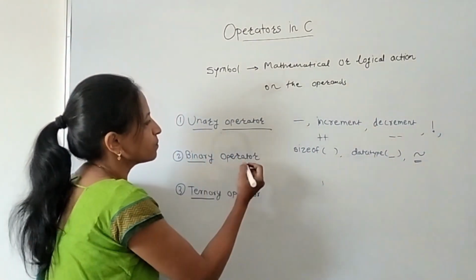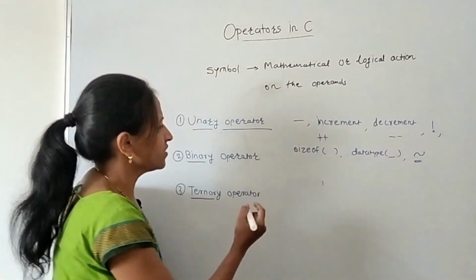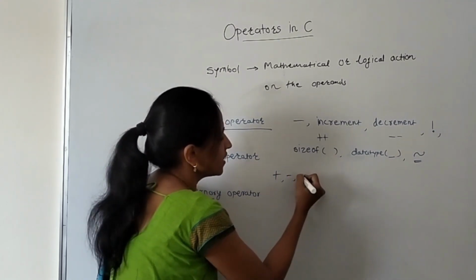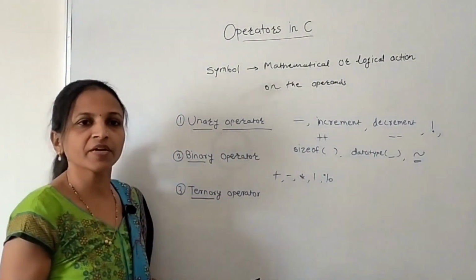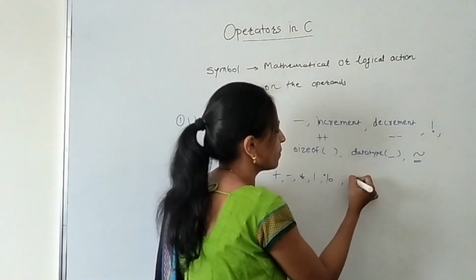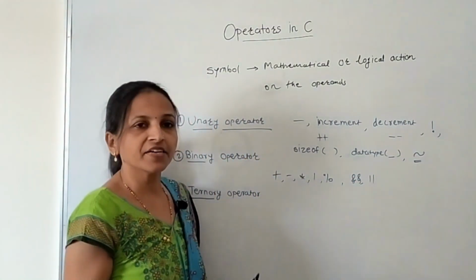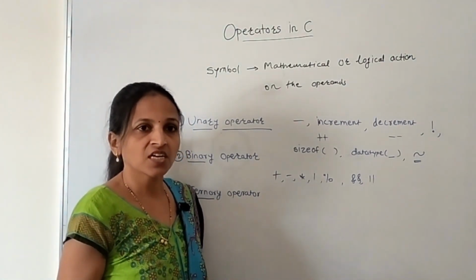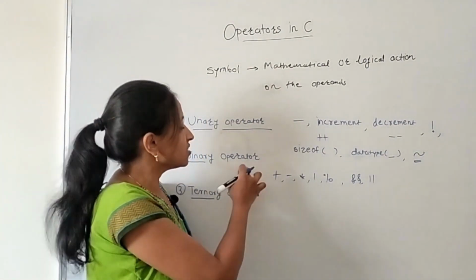The next one is binary operator. There are again multiple categories. For example, we have already seen the arithmetic operators plus, minus, then multiply, divide, modulus. These all arithmetic operators are nothing but binary operators. Then there are some logical operators like AND, OR. These are again binary operators because these all operators are acting on two operands.